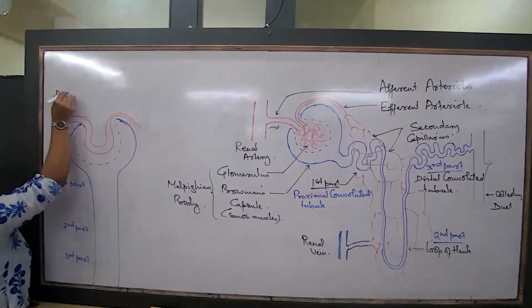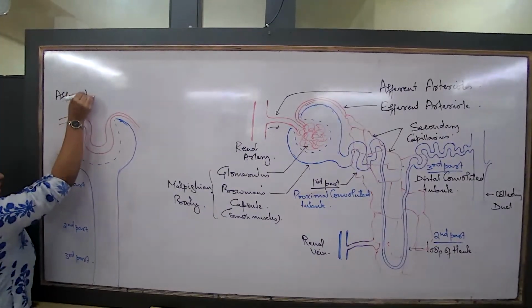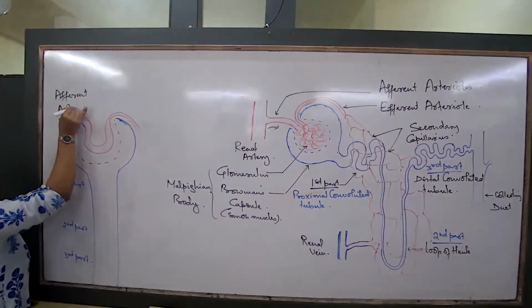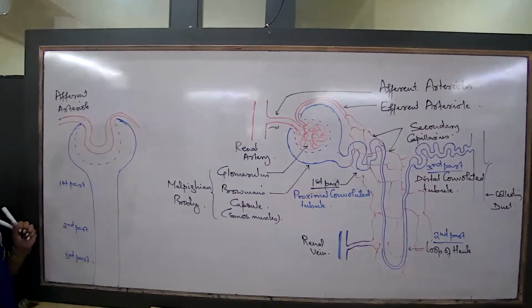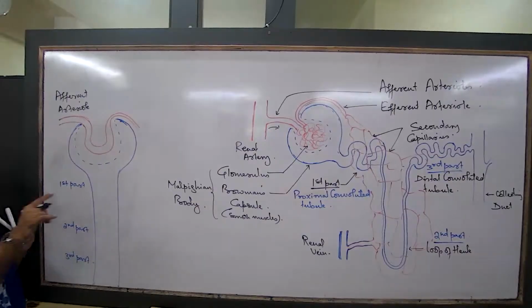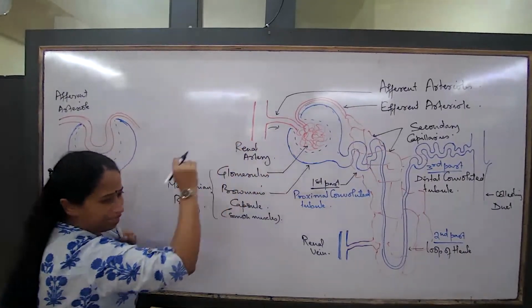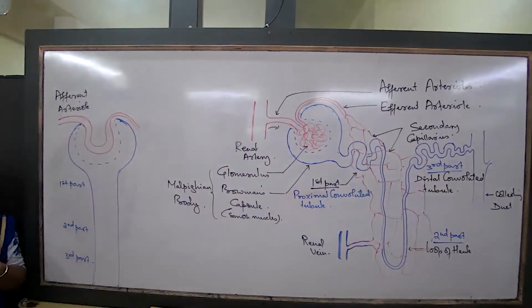The first is the afferent arteriole, which divides further to form the glomerular capillaries. I right now think of only one capillary. There are hundreds of capillaries here, and the function is the same in all capillaries.